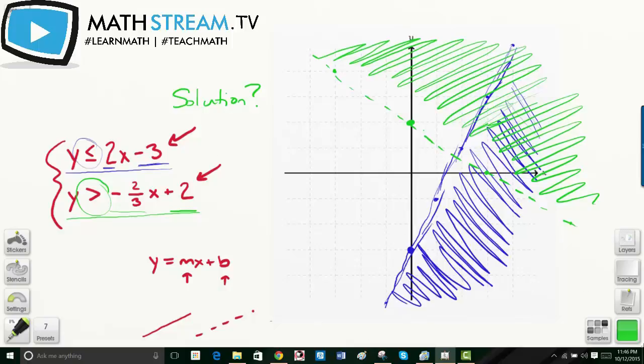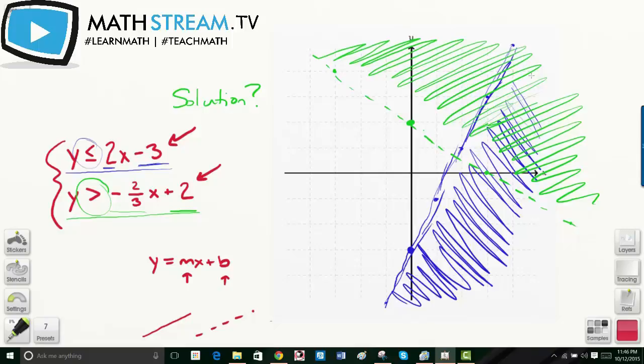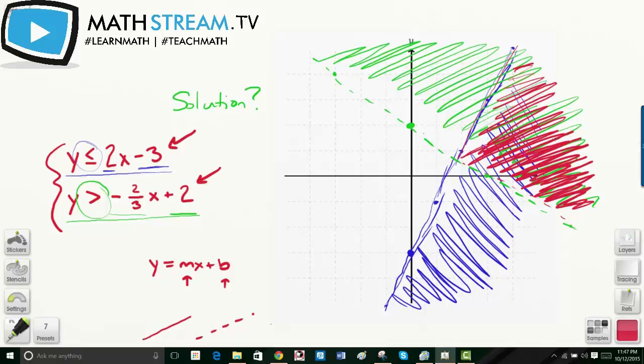We can see that. Let me go back to red again. We're bounded right here by a solid line and right here by a dashed line. And this area right here is double shaded. The double shaded region is the solution to our system of inequalities.